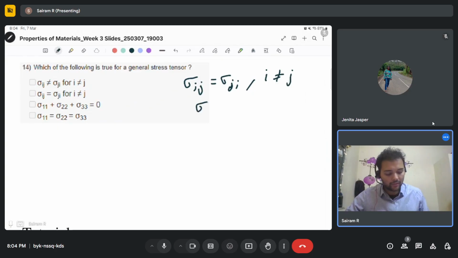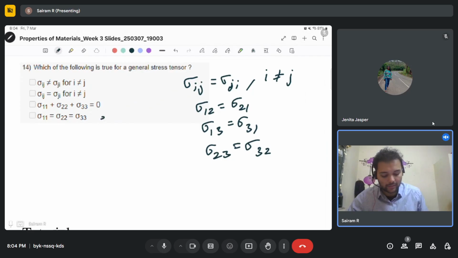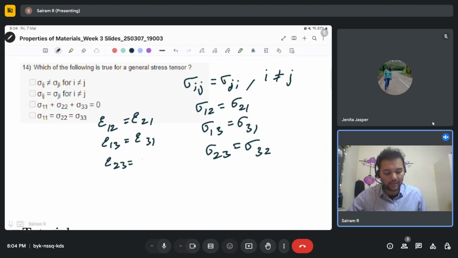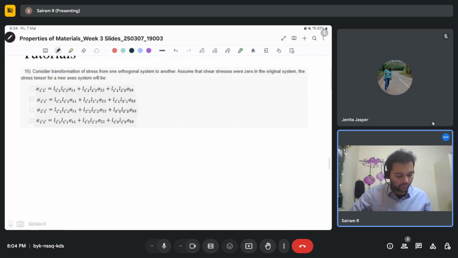So we know sigma 12 equals sigma 21, sigma 13 equals sigma 31, sigma 23 equals sigma 32. We know the same is the case with epsilon 12 equals epsilon 21, epsilon 13 equals epsilon 31, epsilon 23 equals epsilon 32 as well. We know this is true.